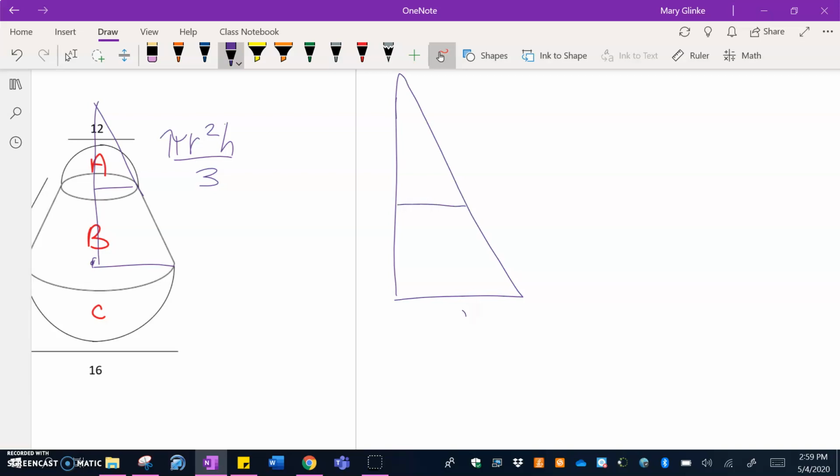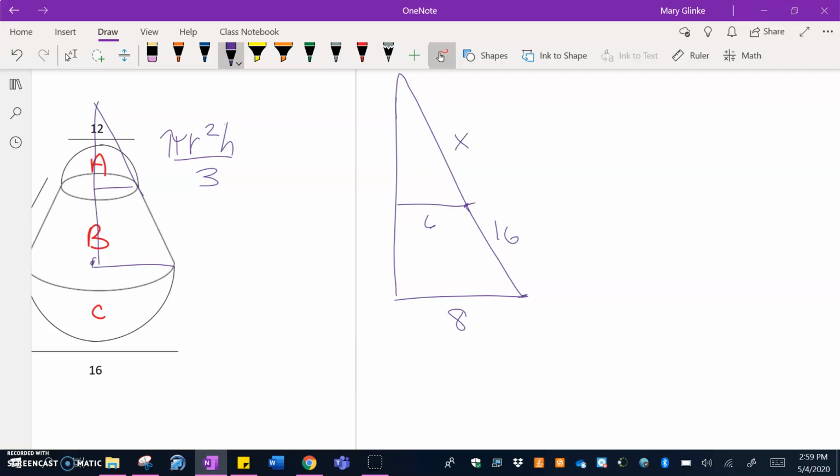So we said that this was an 8 in the bottom here, a 6 in the bottom here. We are told here that I believe our slant is 16, from here to here. So we can go ahead and set up a proportion.